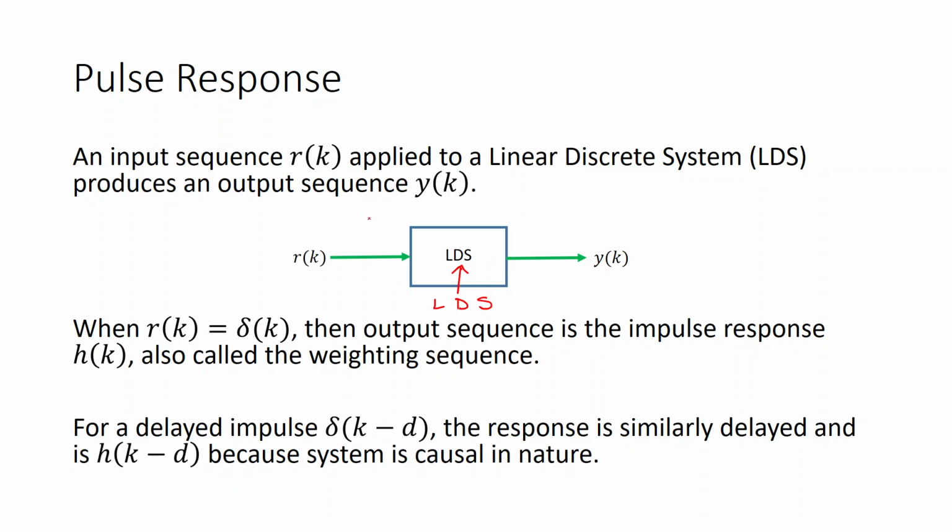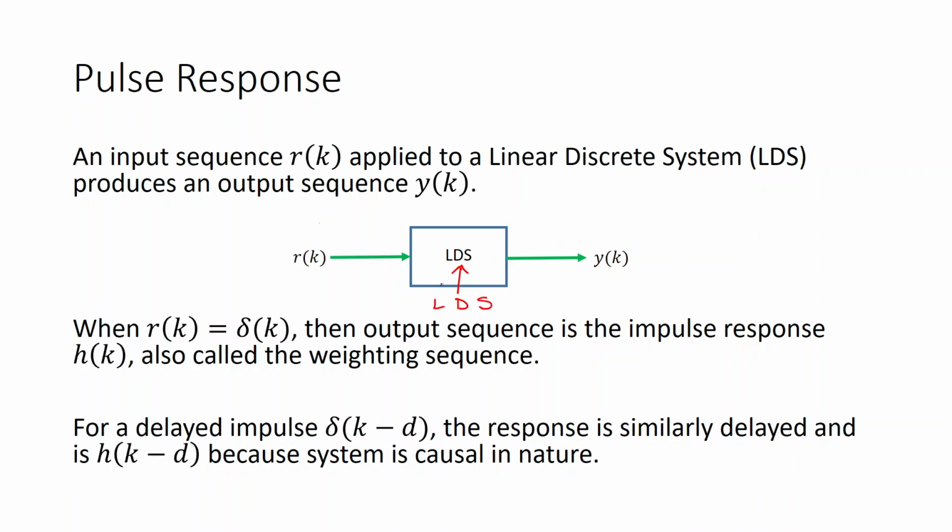It accepts discrete signals and it gives out discrete time signals. So it accepts a sequence and gives out a sequence. Such systems are linear discrete systems.